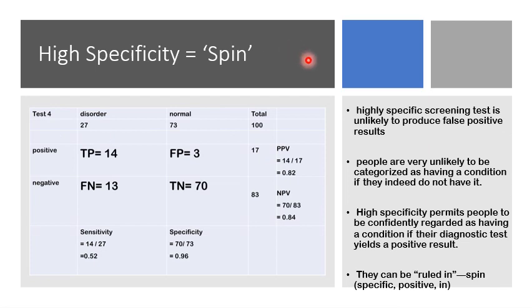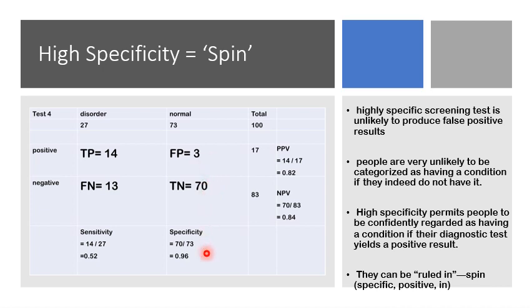Something very similar would happen if a test has very high specificity. And consider this example here with test number 4. There is a disorder of 27 cases have the disorder out of the 100, and 73 cases are normal. And this test number 4 has very high specificity because it picked up 70 out of the 73 normal and labeled them as normal.